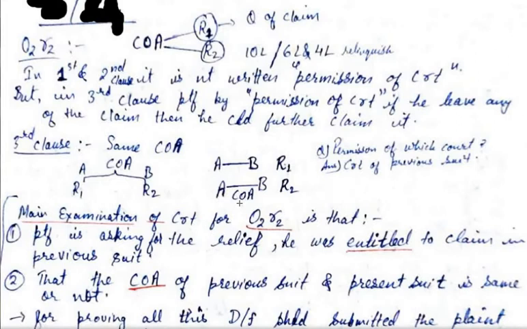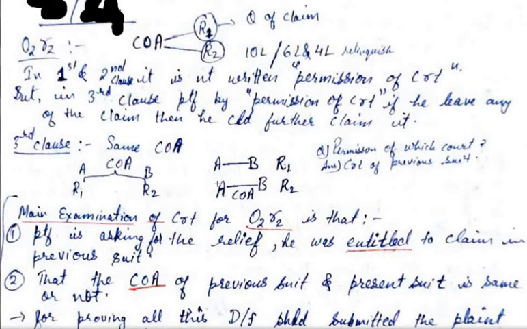Whether the cause of action are the same, number 1. And number 2, the relief that he is claiming now, was he entitled to claim earlier, and did he relinquish that relief? If the answer is yes, then only the bar of Order 2 Rule 2 will apply. ठीक, फिर से समझो. ए ने पहले एक सूट किया एक पर्टिकुलर कॉज ऑफ एक्शन पर अगेंस्ट बी एंड क्लेम्ड रिलीफ 1.